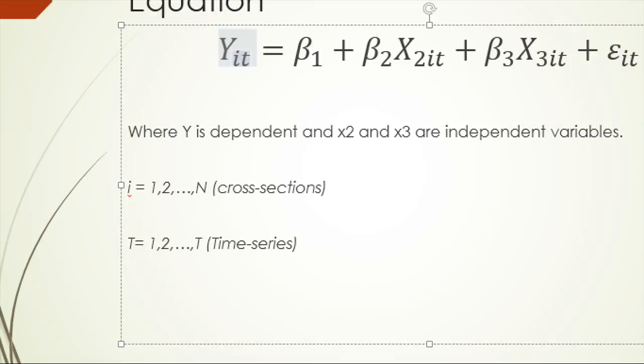So for each cross section, the number of time series observations we have is T. So for indexing, we need to remember it for our purpose: i is from 1 to n, the total number of cross sections, and t is our time series index, while capital T is the total number of time series observations we have.